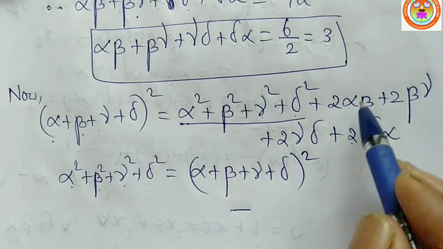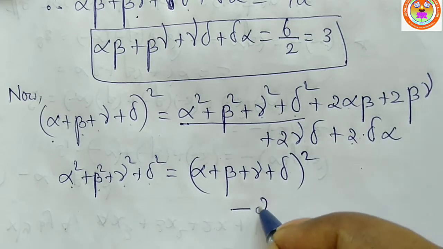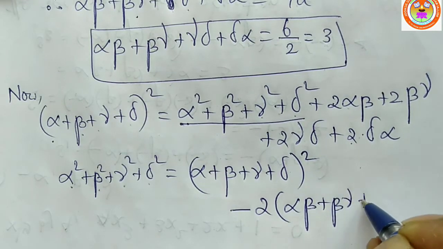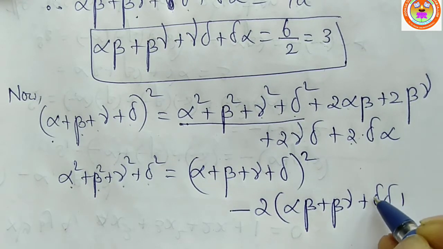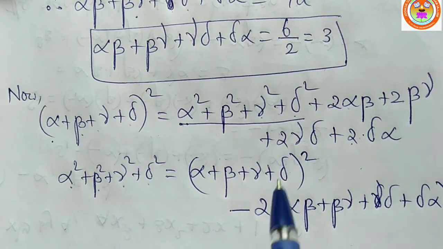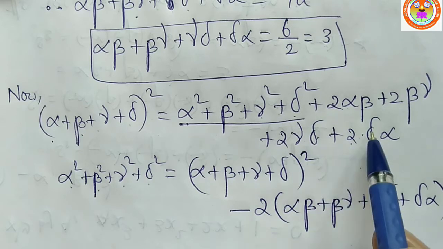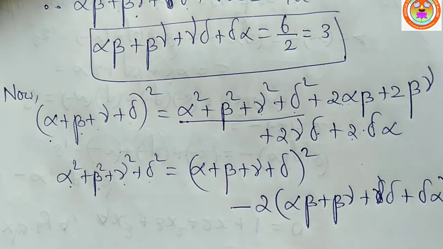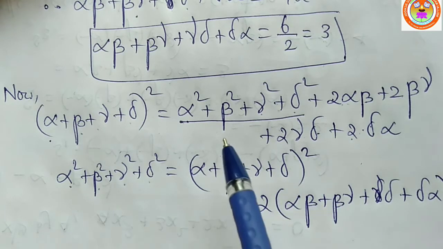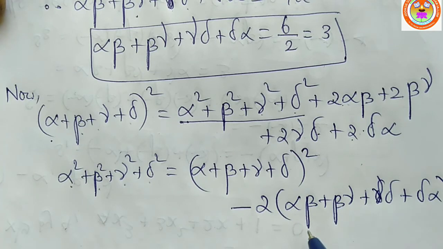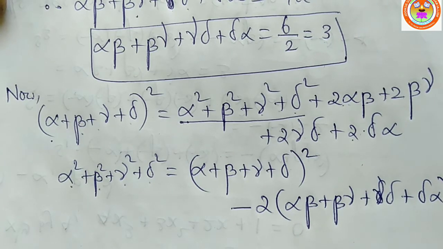So, these terms are becoming minus of 2 into alpha beta, beta gamma plus gamma delta plus delta alpha. See, we are taking these 4 terms to left hand side. If it is taking left hand side means the terms are getting negative sign, right? Moreover, 1, 2 is common, so we are taking 2 outside.